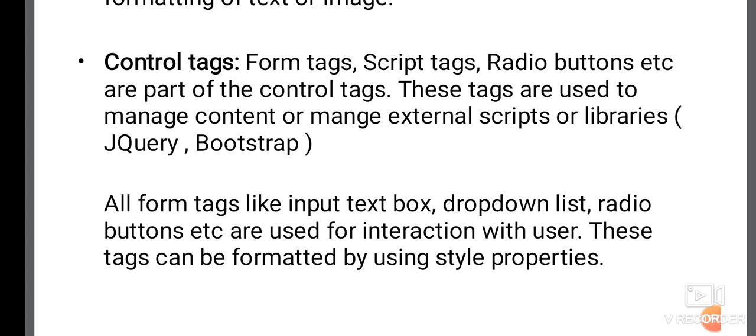You can receive input from the user. For example, you have placed an input box in your form, like enter your name. Then the user has to type his name.